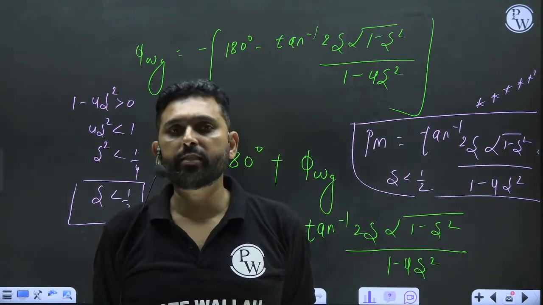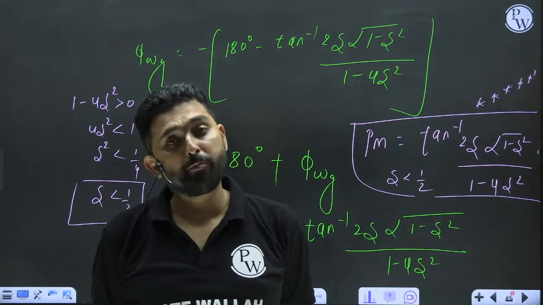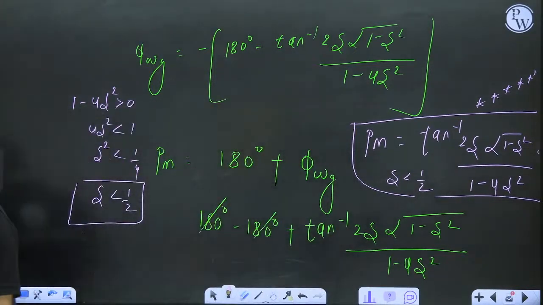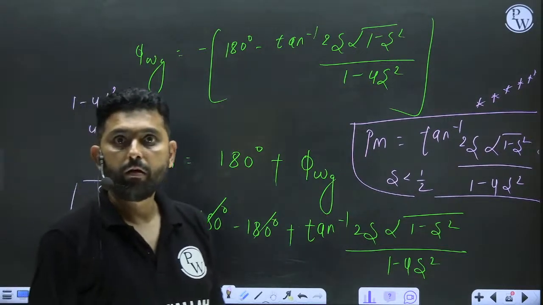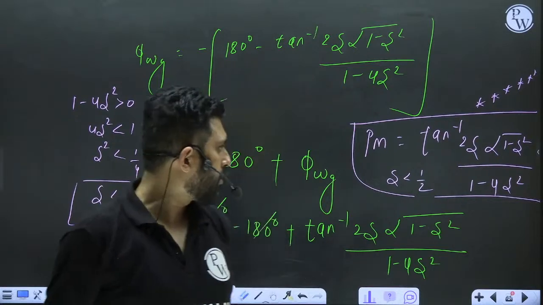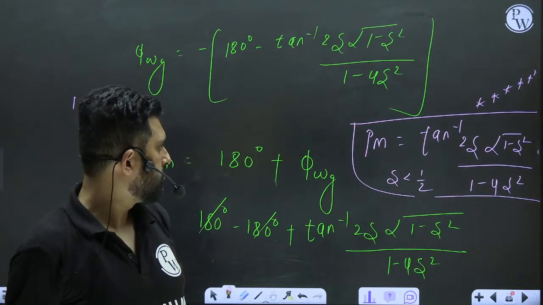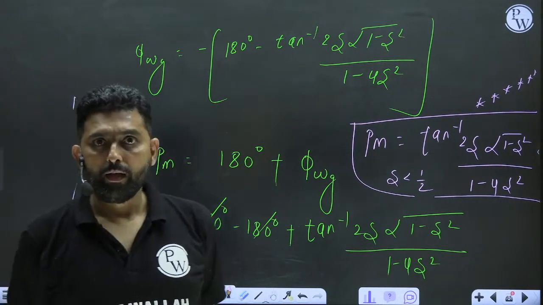The relationship between zeta and phase margin, but zeta has to be less than 0.5. Is it clear?